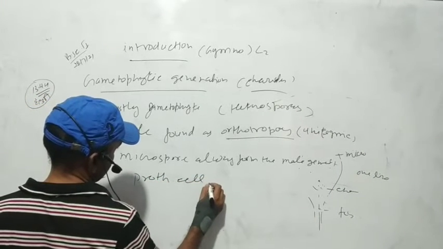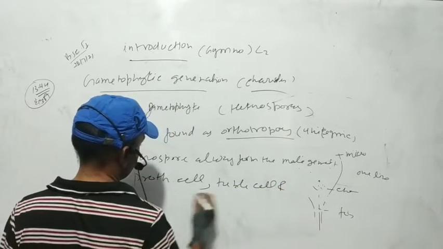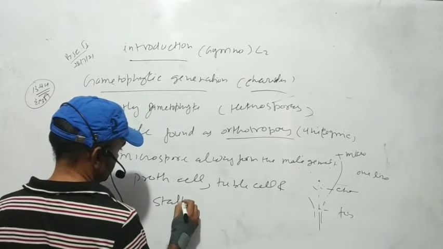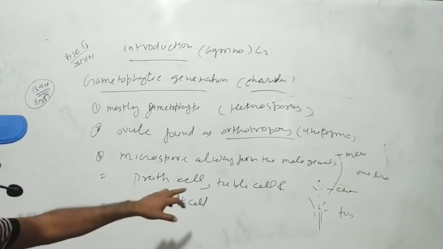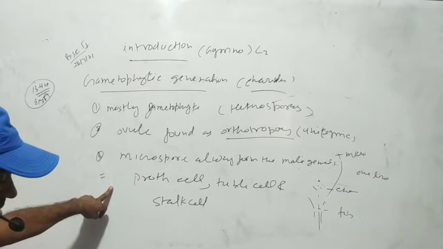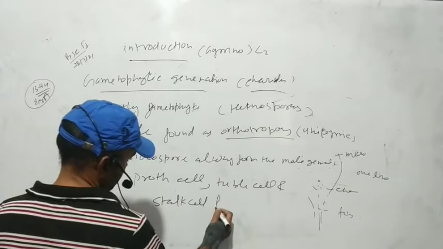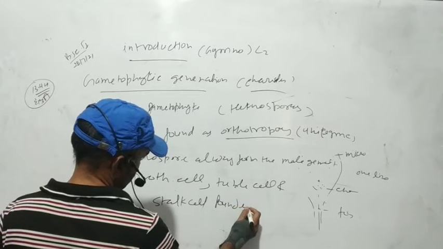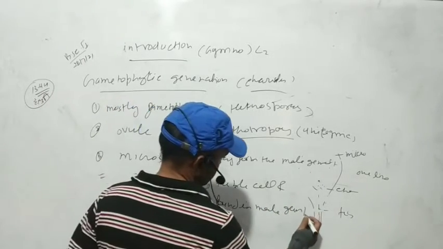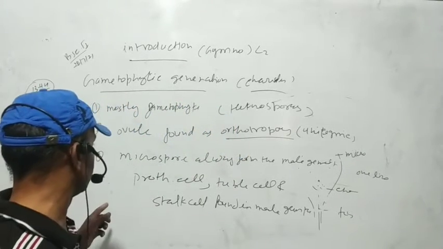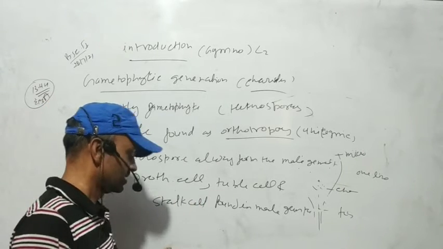This is a point to remember: prothallial cell, tube cell and stalk cell are found in the male gametophyte. This is the special character. Which cells are found in male gametophyte? The prothallial cell, tube cell and stalk cell.